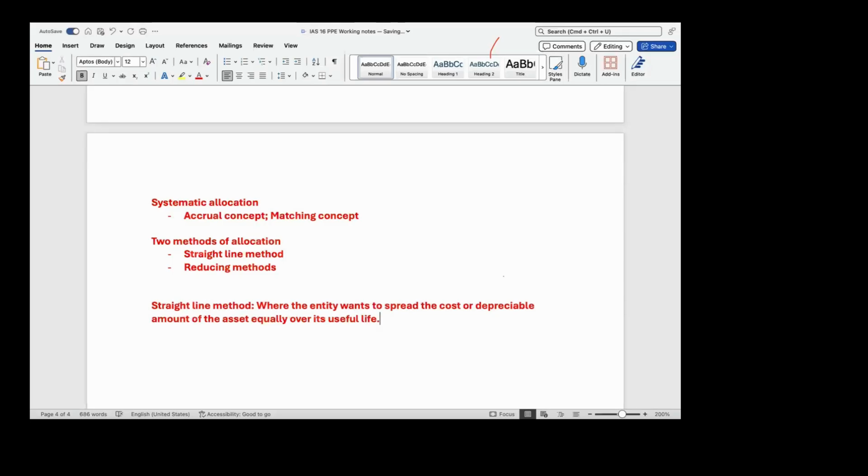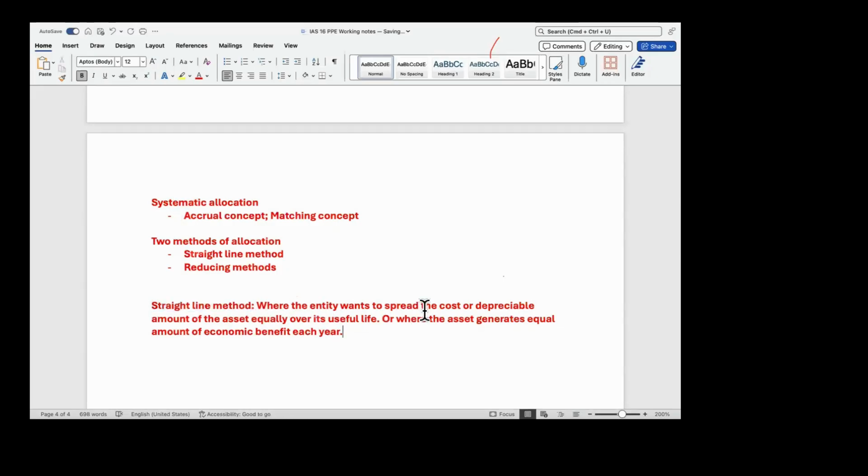Over its useful life. Or where the assets generate an equal amount of economic benefits each year. That's where you would likely use this method.